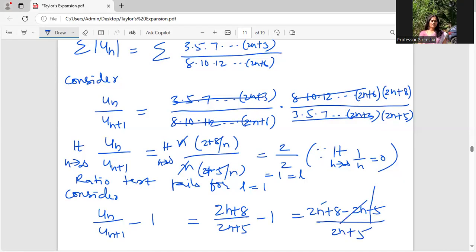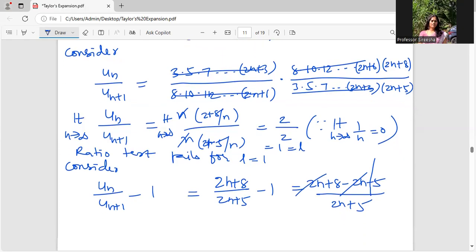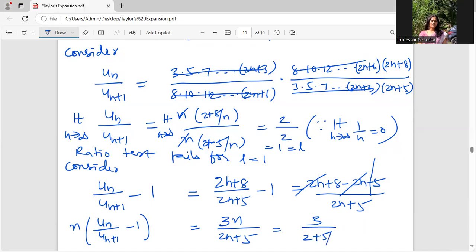Okay, so 2n and minus 2n get cancelled off. 8 minus 5 would be 3. Okay, then I'll be multiplying with n. I need not make a mention of Raabe's test here, as I have mentioned in the previous video as well. I just need to write things and then finally conclude. 8 minus 5 would be 3, 3n by 2n plus 5. Now, if I take out n, I'll be having 3 by 2 plus 5 by n, guys.